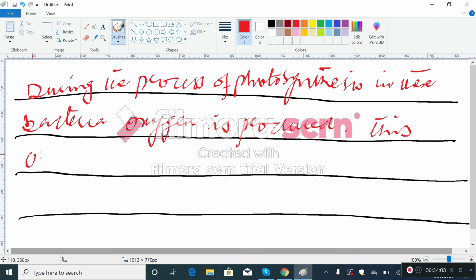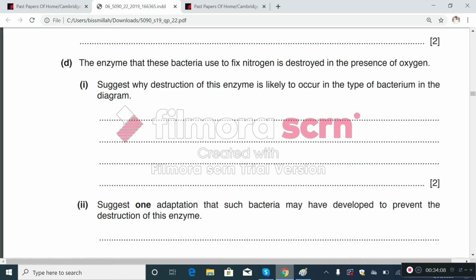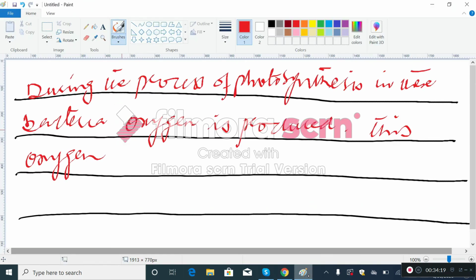This oxygen, let's see what he's asking actually. The enzyme these bacteria use to fix nitrogen is destroyed. So it means this oxygen will destroy the enzymes.